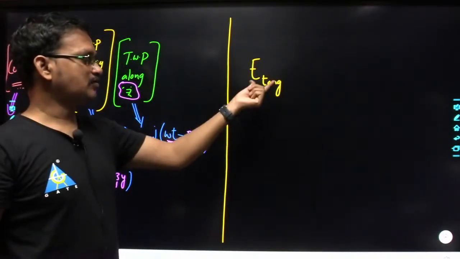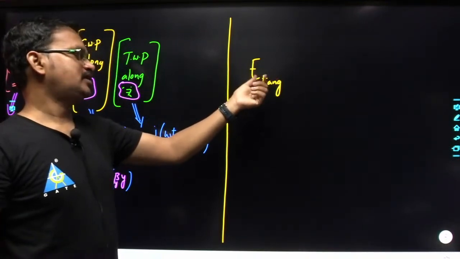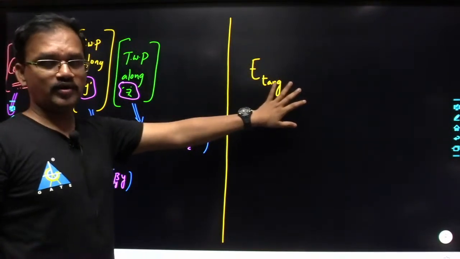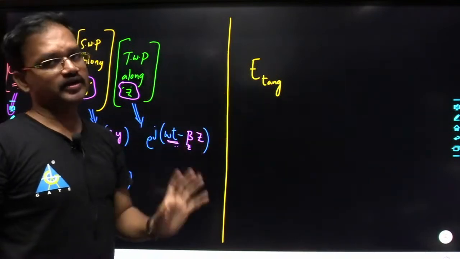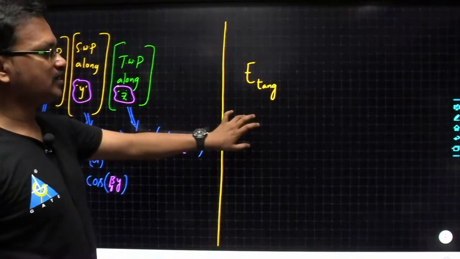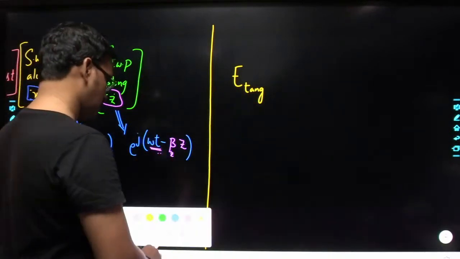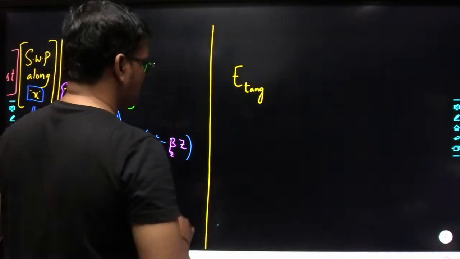I am saying that this electric field is the tangential component. How do we define the tangential component? We define it with respect to the conducting plates. So if I want to write the tangential component of electric field pattern, how can I write it here?